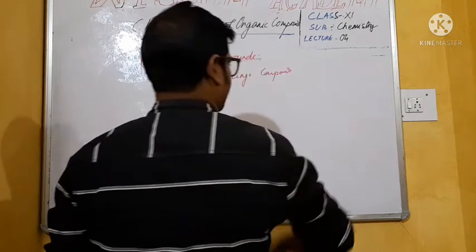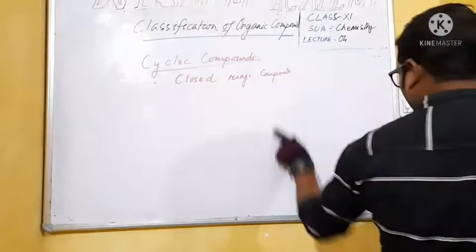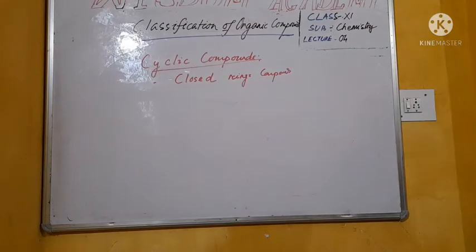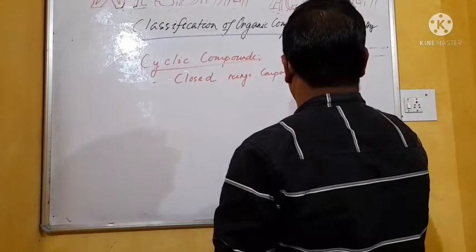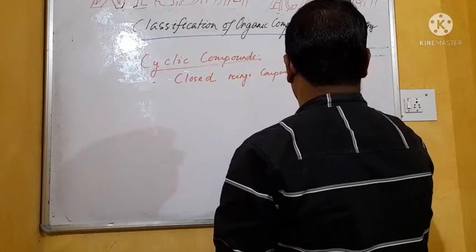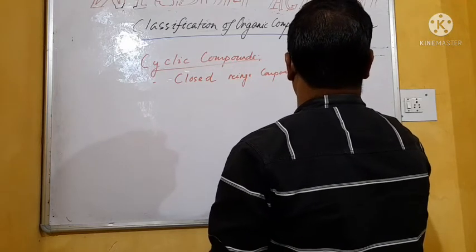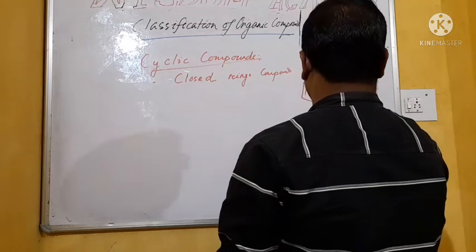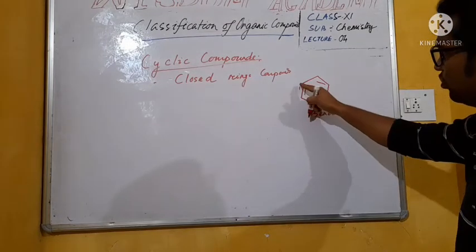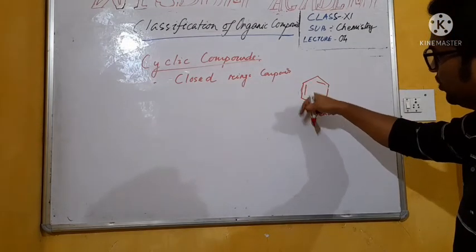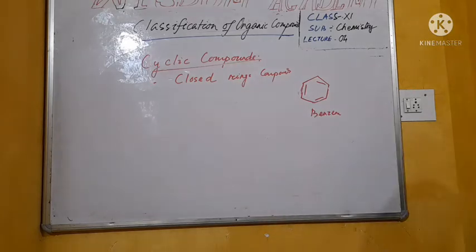That means the compound is closed. So what are the examples? Closed ring compounds, benzene. You can write, benzene is in closed ring form. So this is known as a cyclic compound. Another example, you can name it furan.